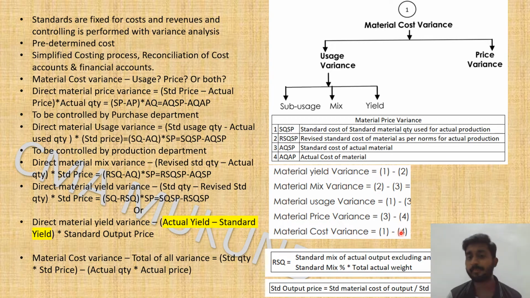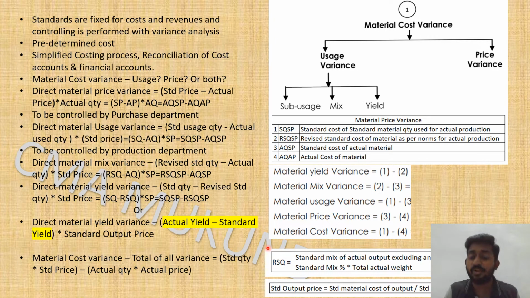For example, in the same chemical industry, A plus B is equal to C. So in that case, C is the end item that is produced. So over a period of time, 100 kgs of C is produced. For 100 kgs of C, actually the percentage of A and B would be different.